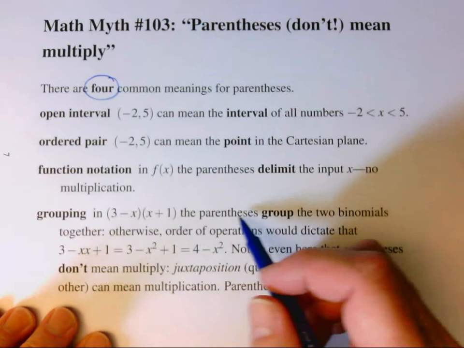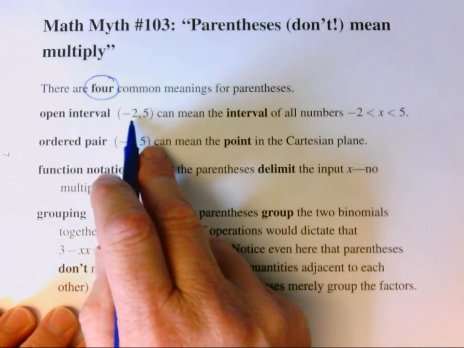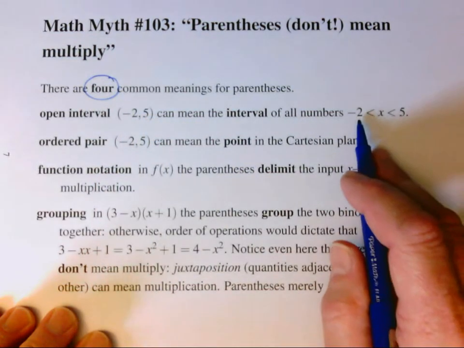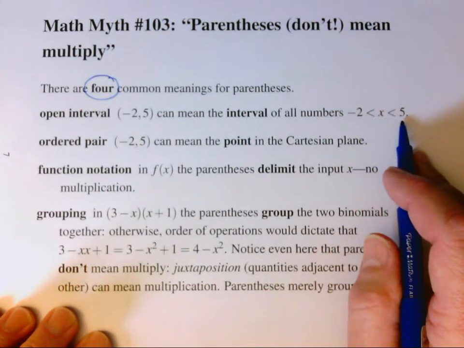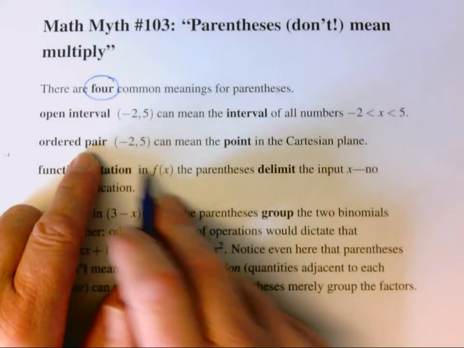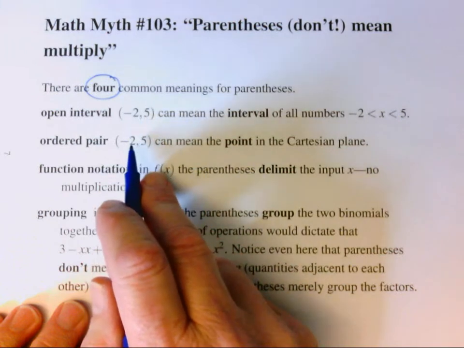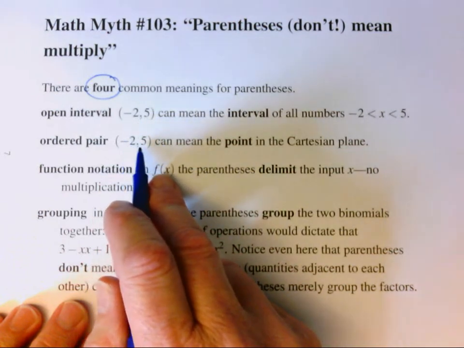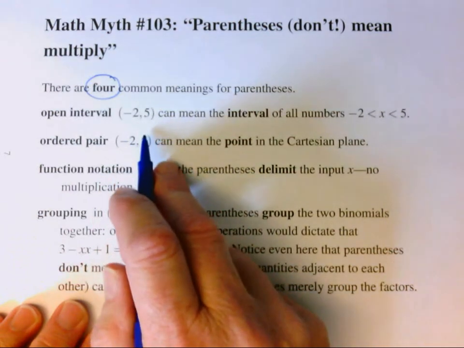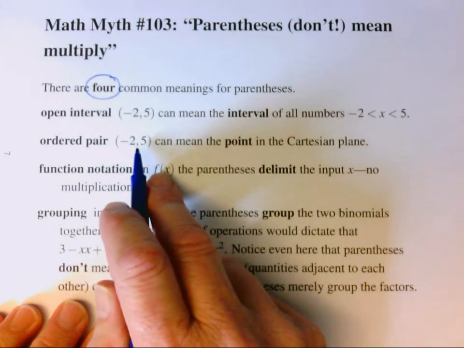Open interval means it does not contain its endpoints. So this is a set of things on the number line between -2 and 5. It can also represent an ordered pair. These exact same symbols can represent an interval on the number line and a point in the plane.